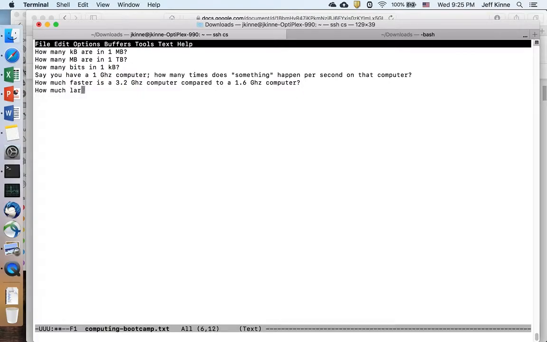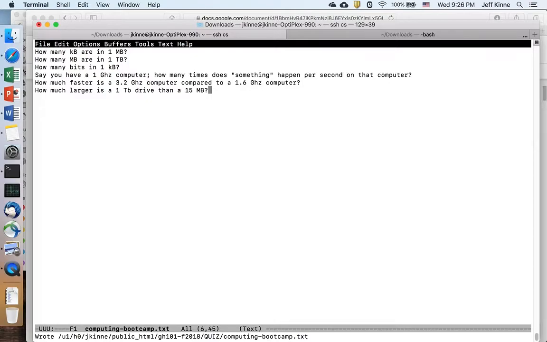How much larger is a 1 terabit drive than a, say, 15 megabyte drive? All right, why don't we say pause and you figure these things out, and then I'll tell you the answers.